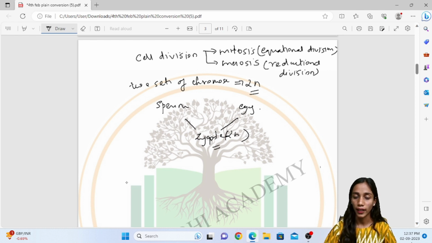So sperm should have n and egg should have n. This means that the sperm should have one set of chromosome and the egg should also have one set of chromosome. The 2n chromosome containing zygote is called a diploid, and both of these gametes are called haploid.